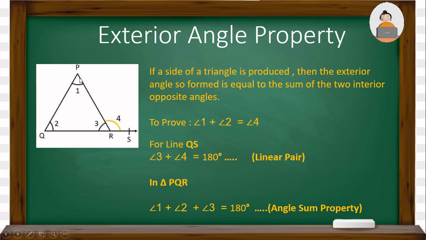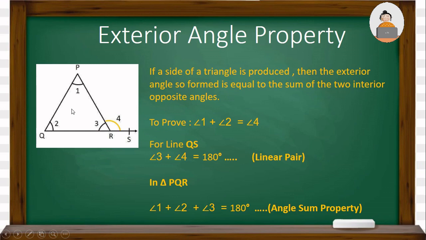As you can see in the diagram, I have taken a triangle PQR and the side QR is extended to S to form an exterior angle denoted by 4. So according to the exterior angle property, the exterior angle, named angle 4, will be equal to the sum of the two interior opposite angles, which are angle 2 plus angle 1.